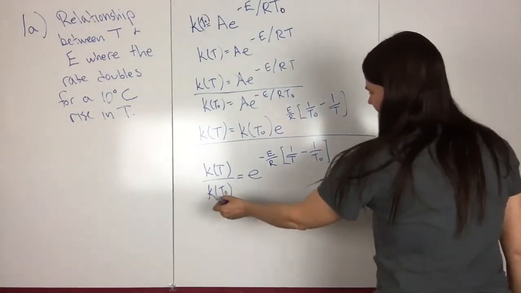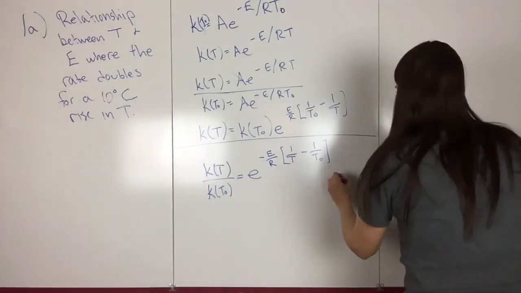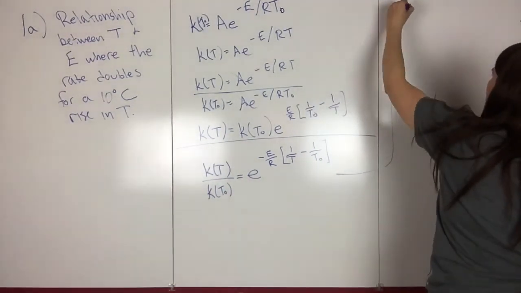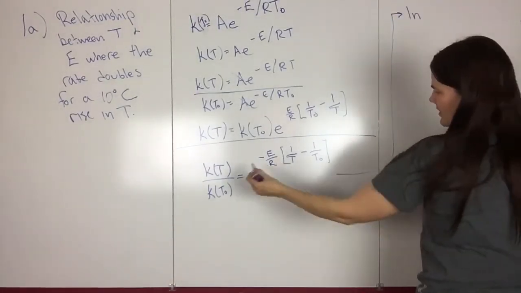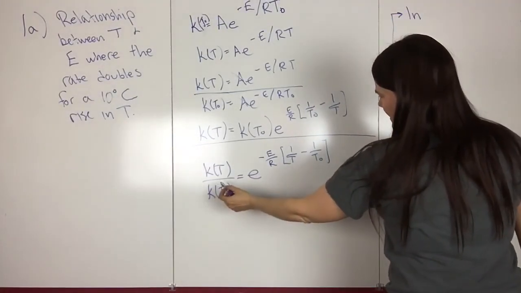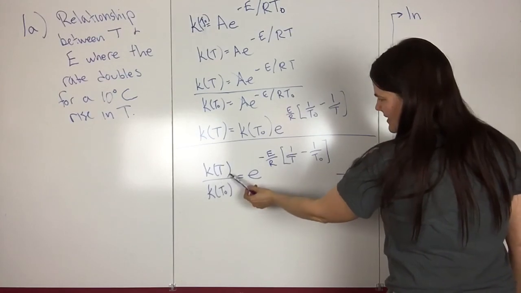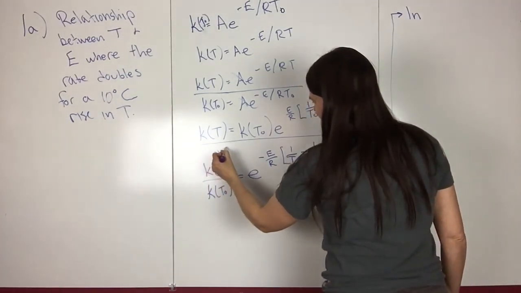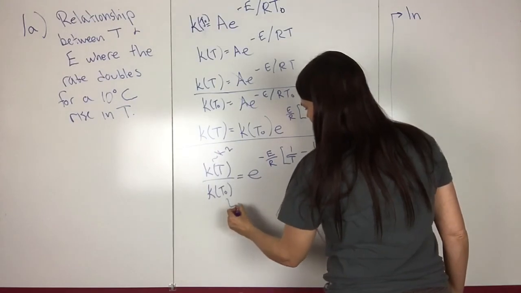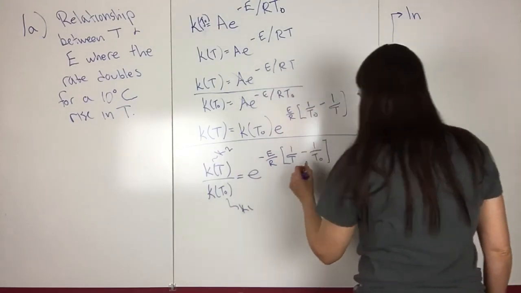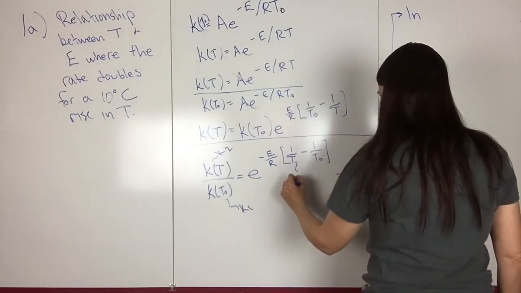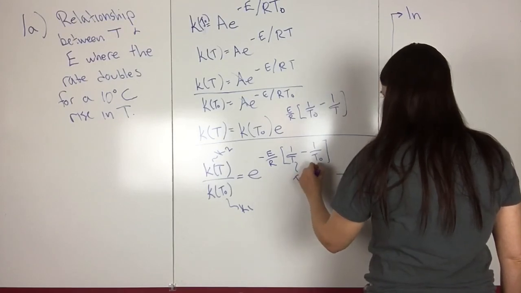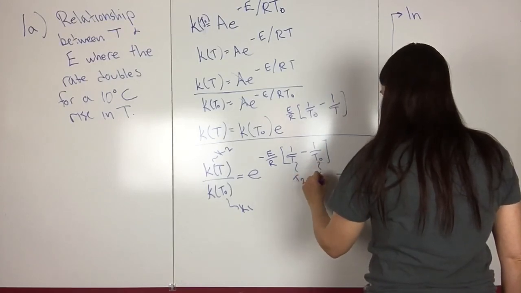Then I want to take the natural log of this. I'm going to start referring to this as k2, that's k1, and then this would be T2, and that would be T1.